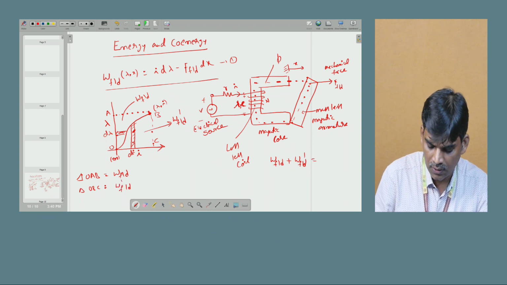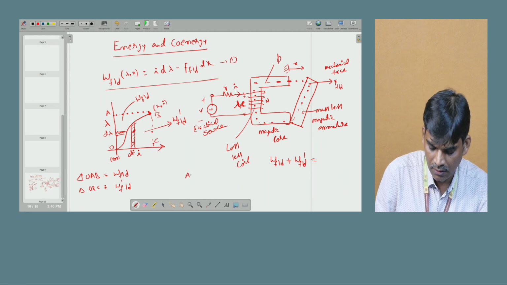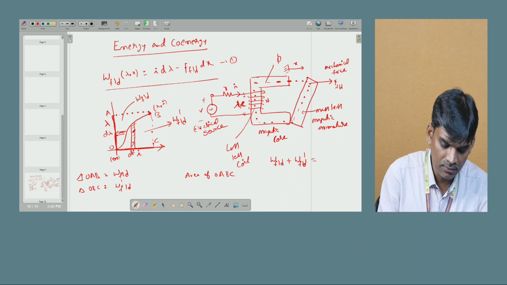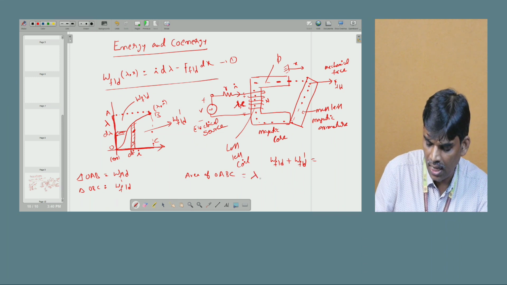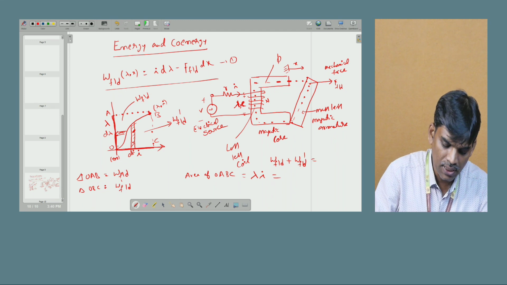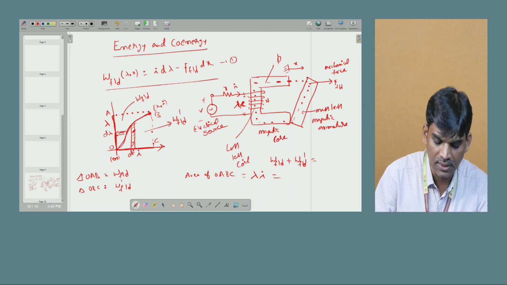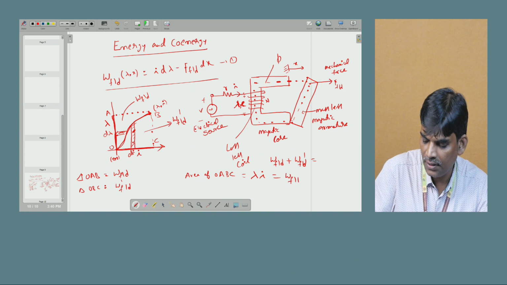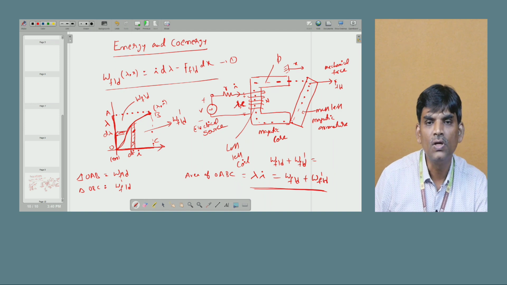The total area of the rectangle OABC, where this axis is i and this is lambda, is lambda times i. The upper portion of this curve is called the field energy, and the lower portion is called the coenergy. So lambda i is equal to field energy plus coenergy.